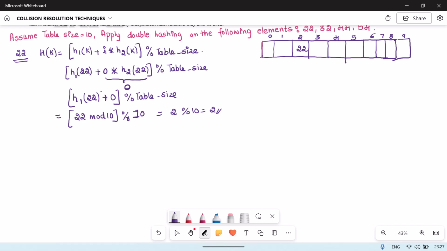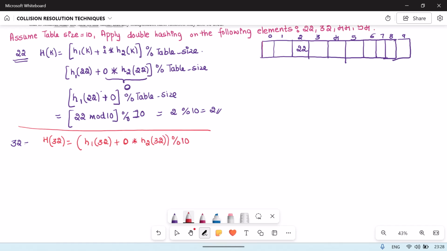Next I will try to insert the next element, 32. So h of 32 is h1 of 32 plus i times h2 of 32, mod table_size, which is 10.